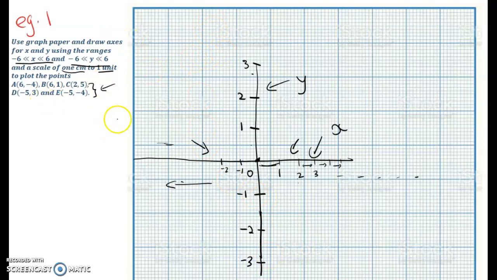So now, in our question, is that what they asked for? No. They said let 1 centimeter represent 1 unit. So 1 centimeter, guys, is actually the space from one solid line like this and 5 of these lighter lines. So that distance here is 1 centimeter, which is not what I did for the y-axis.